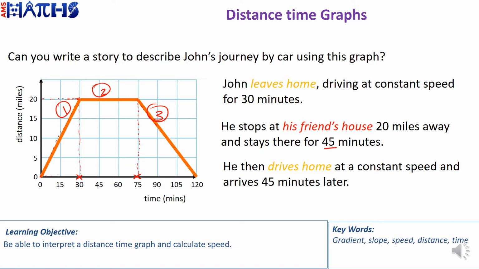From 75 minutes, that's the amount of time that has passed since he left home, and then he got home 120 minutes after he left home. So 75 minutes to 120 minutes, the difference is 45 minutes. So it took him 45 minutes to drive home, but he did that at a constant speed.